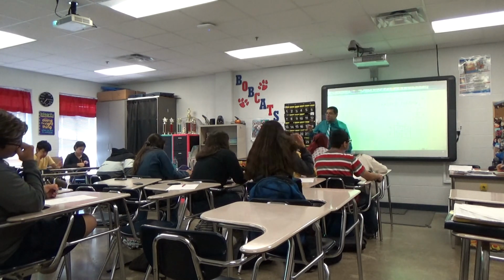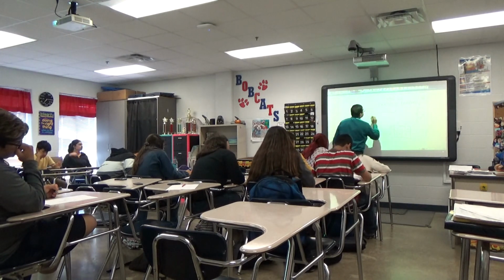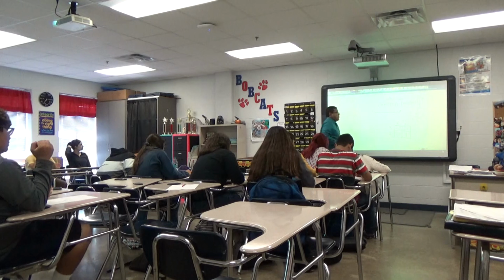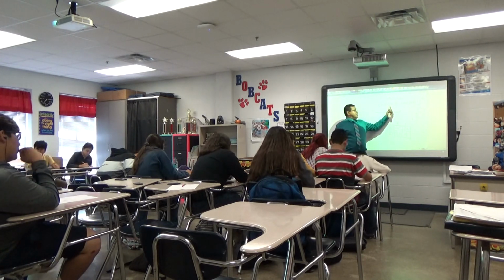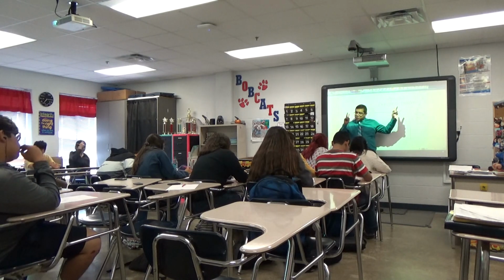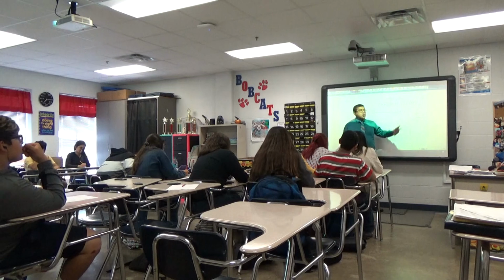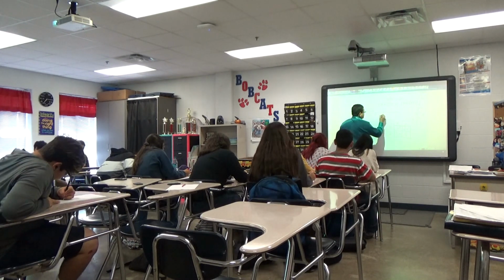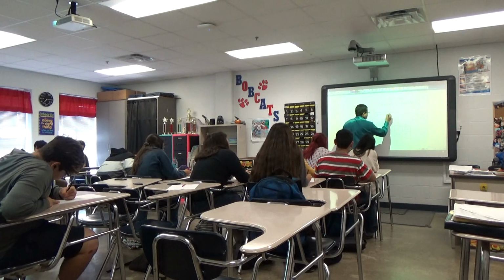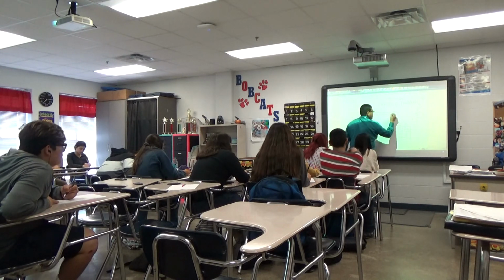We need to find the LCD. We have x plus 2, x minus 3, and this one has x plus 2 twice, right? So you can say x plus 2, x minus 3. This one has 2, the other only has 1, so I need to add another one.